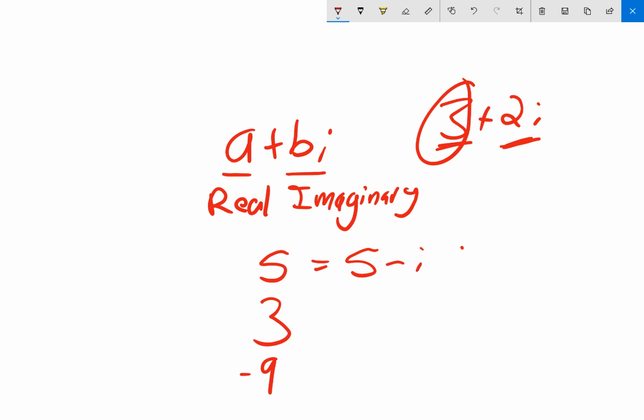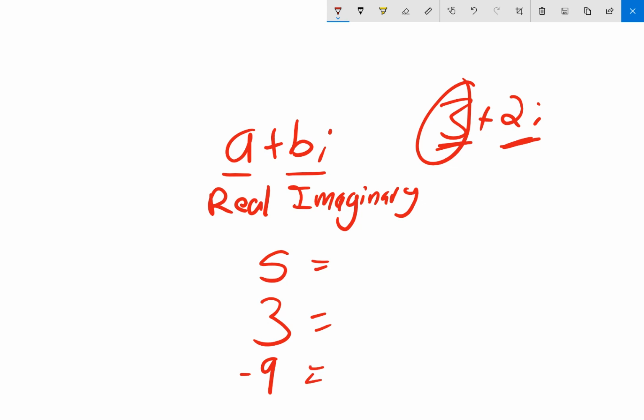Is 5 really the same thing as 5 minus i? No, it's not, because you have an imaginary part there. It's a complex number. That's not true, and 3 would not be the same as 3 minus i either.